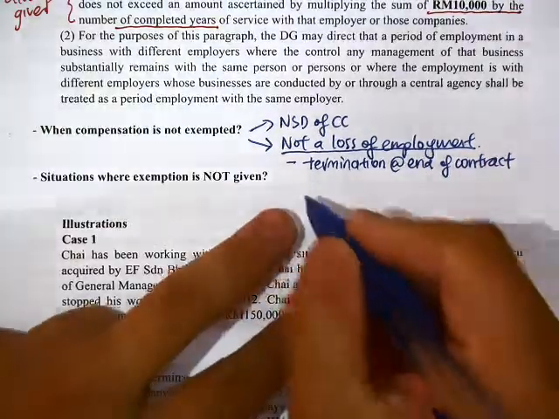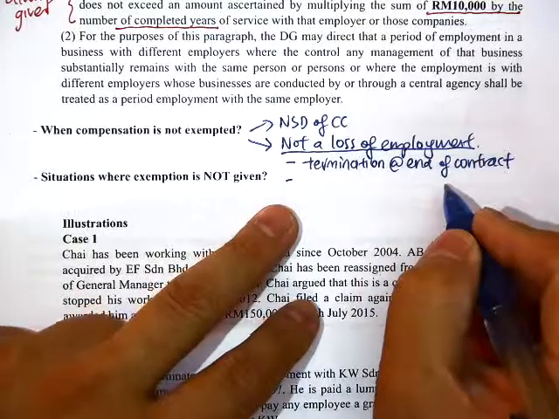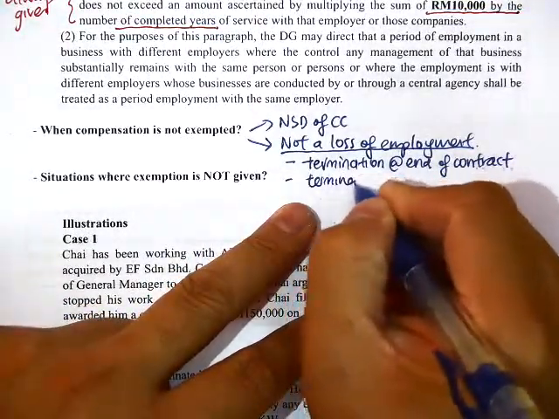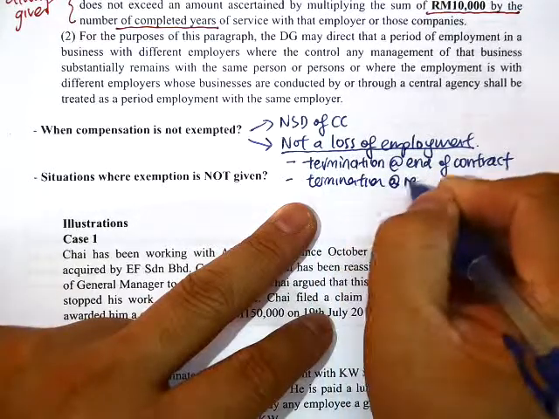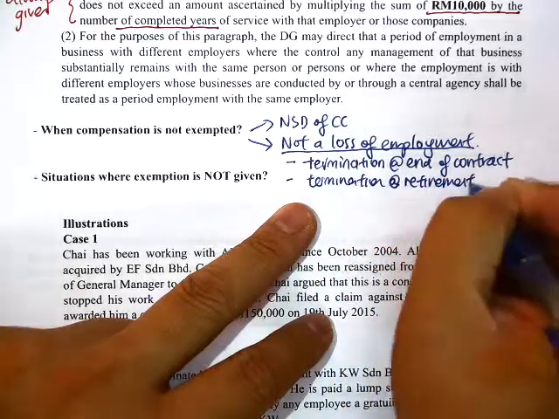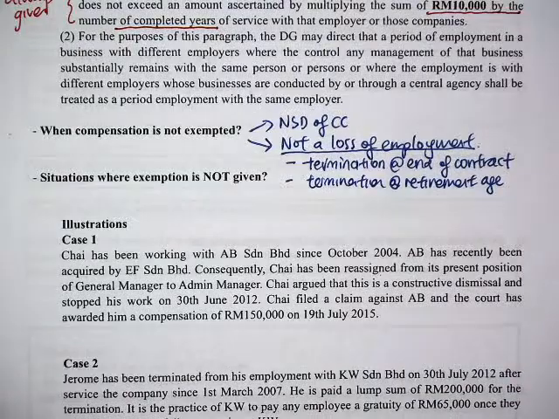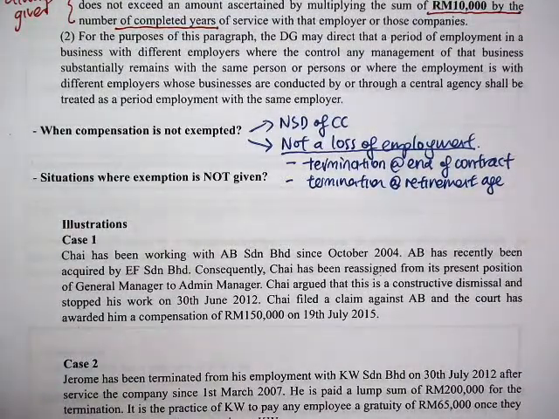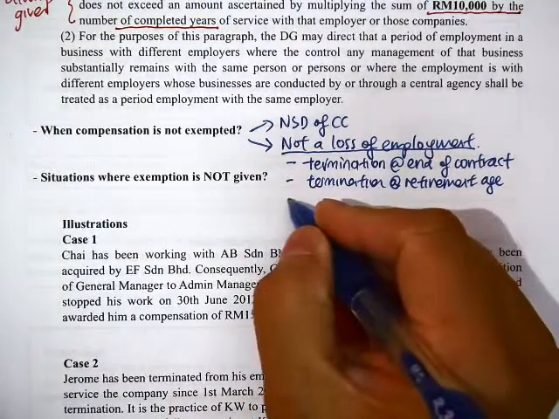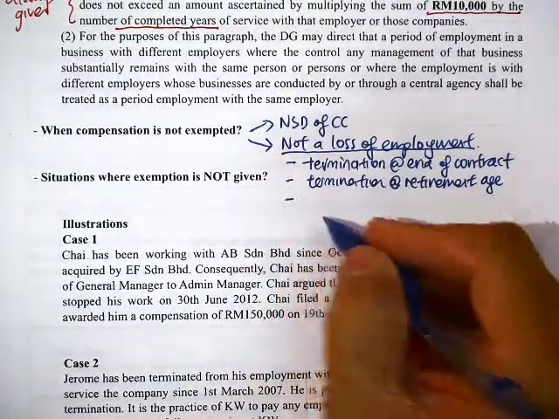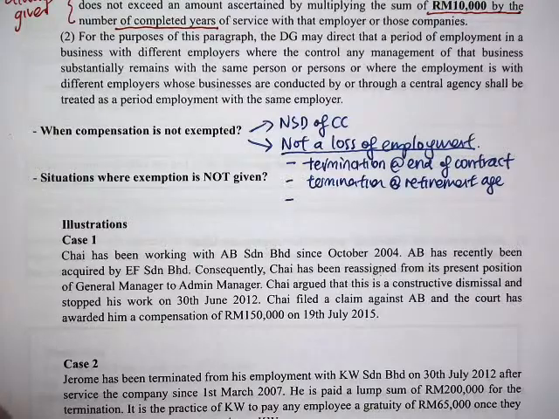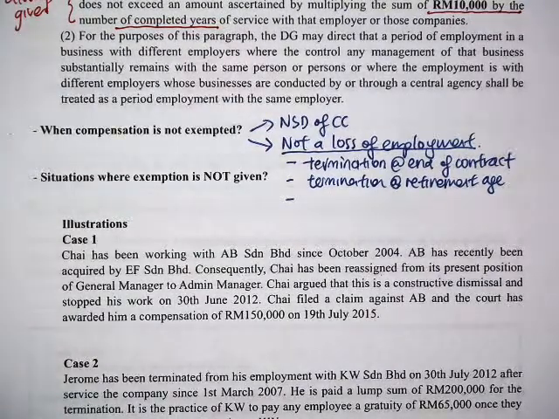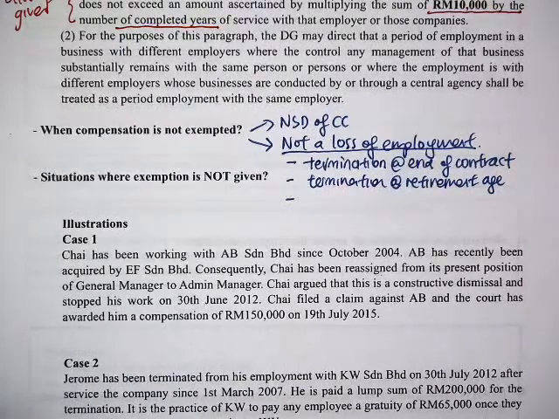Okay. Now, another example is that termination is not regarded as loss of employment if it's a termination at retirement age, where legally you are not expected to be re-employed. Now another example is when the termination is with a re-employment prospect. That means I terminate you, but I also tell you that I'll employ you again.